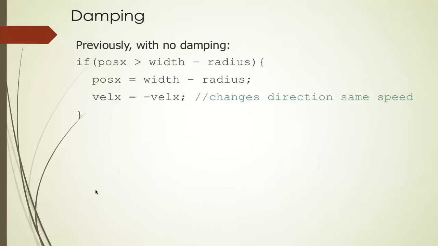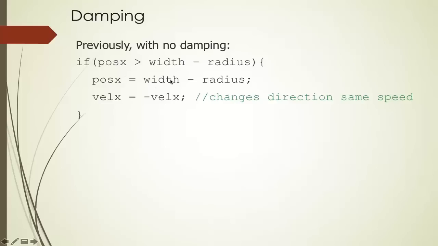And then damping is the idea that when you hit the wall, it should bounce back but slower, so that way you create the illusion of slowly losing velocity as you are bouncing around. Without damping, the very first time the position of x is bigger than the width of the screen minus the radius, so if I go past the right side of the screen and I don't want to go past it, I want to realign it so that it's on the right edge of the screen.